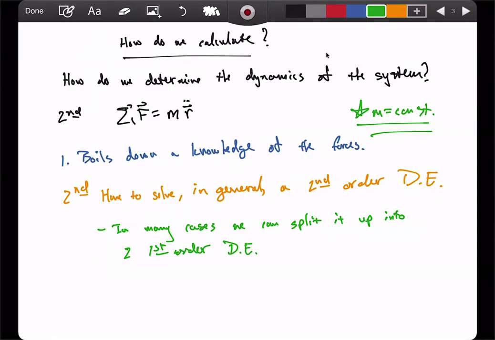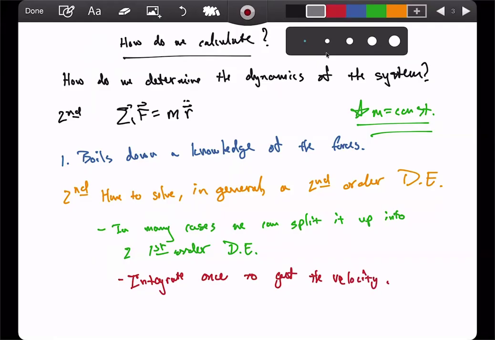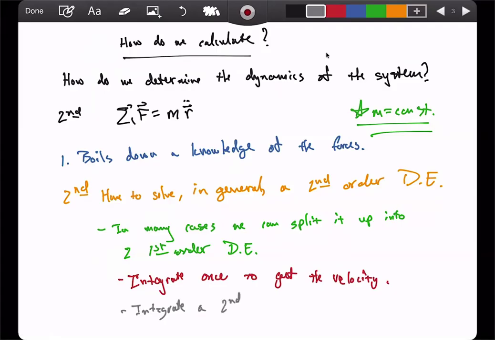The first of the two is going to give us the velocity, so we are going to integrate once to get the velocity. And then the second one, we would integrate a second time to get the position.